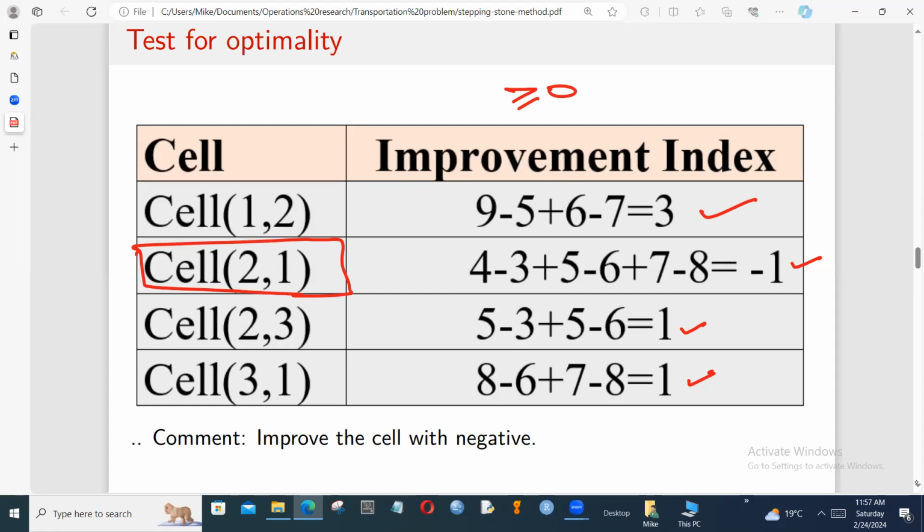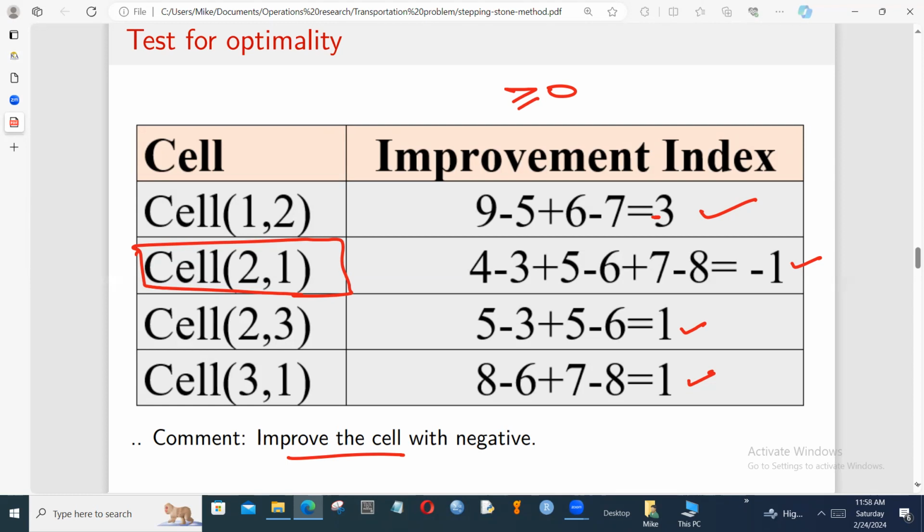So this is the cell that we must make sure that we assign some units to, so that we check again. So the comment I've said is that we can improve the cell with the negative. But then I later emphasized that suppose we had this -1 and this one -3.